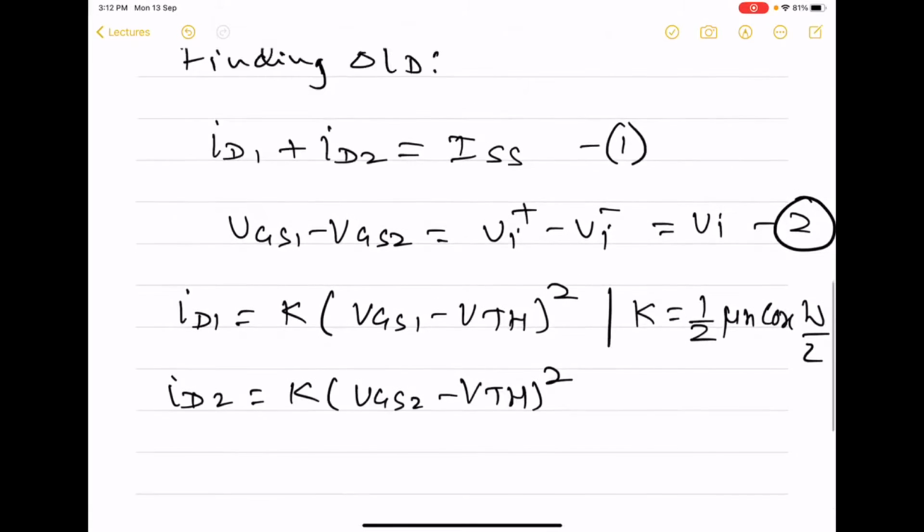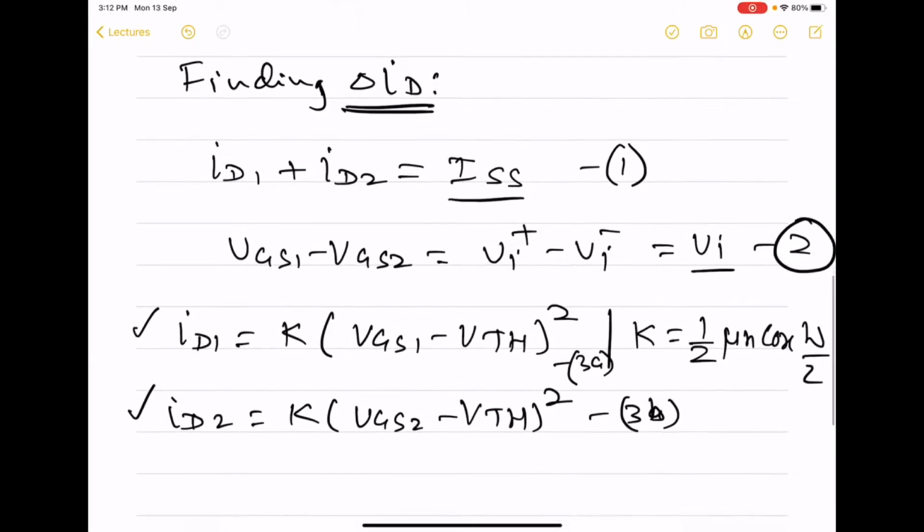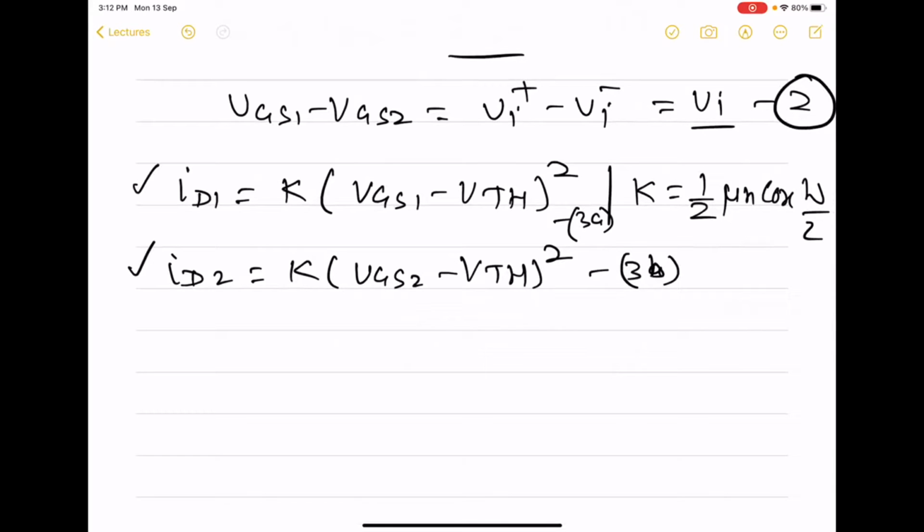So these are the three important equations which we need to ultimately find this difference of the drain currents. To find this delta ID, we first need to write ID1 and ID2 in terms of known quantities, that means ISS and the input voltage. So we have to first write these two individual equations.